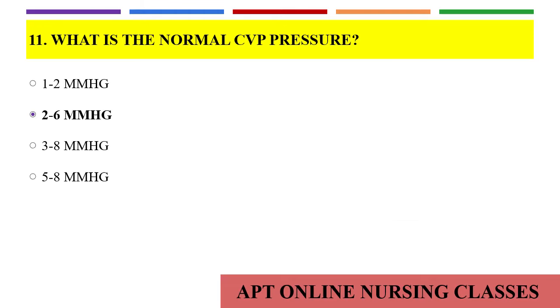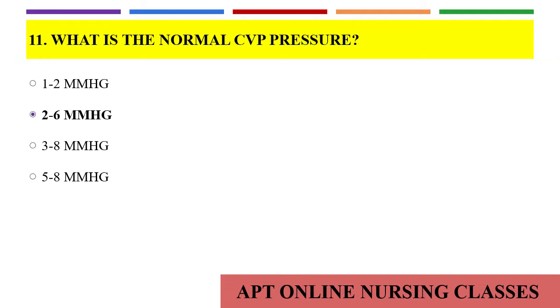The next question, number 11, says, what is the normal CVP pressure? Here CVP is central venous pressure, and the answer is 2 to 6 mmHg.